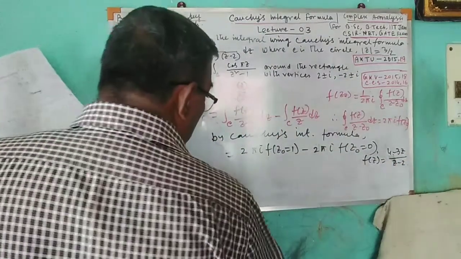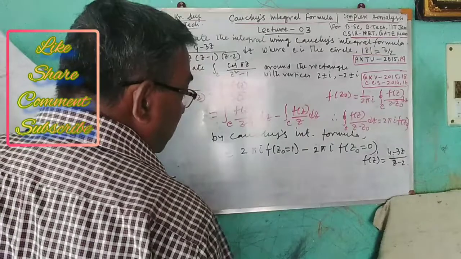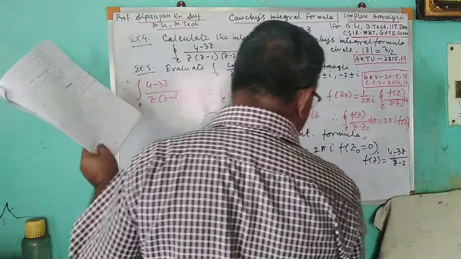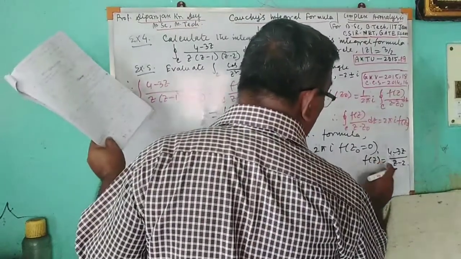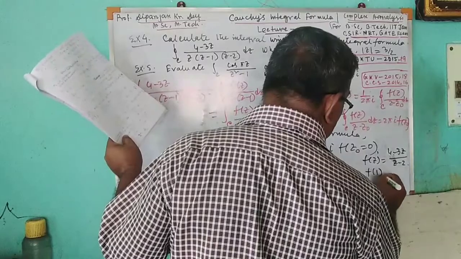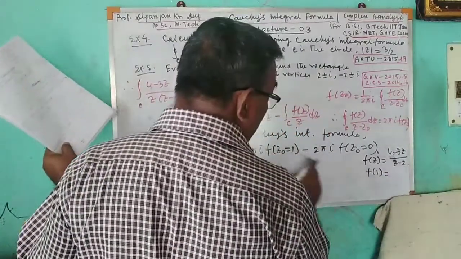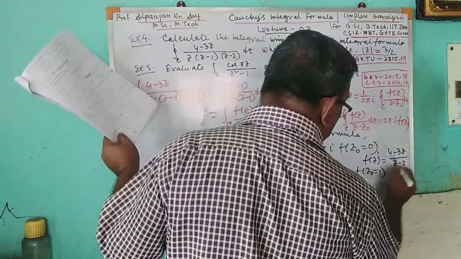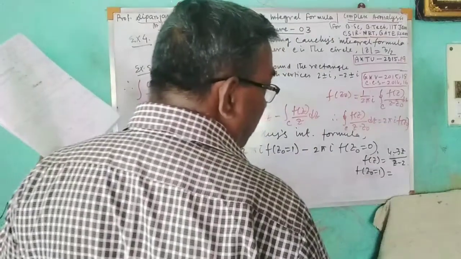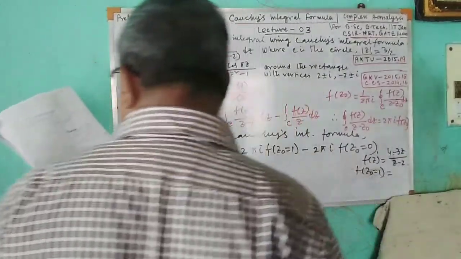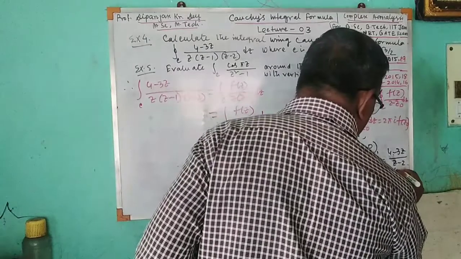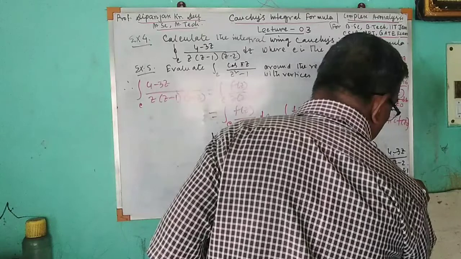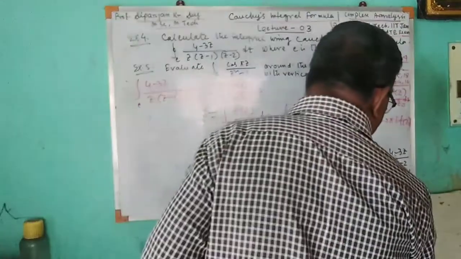So now you have to calculate f of z0 equal to 1. When z equals 1, f of 1 is 4 minus 3 into 1 by 1 minus 2, which gives minus 1.